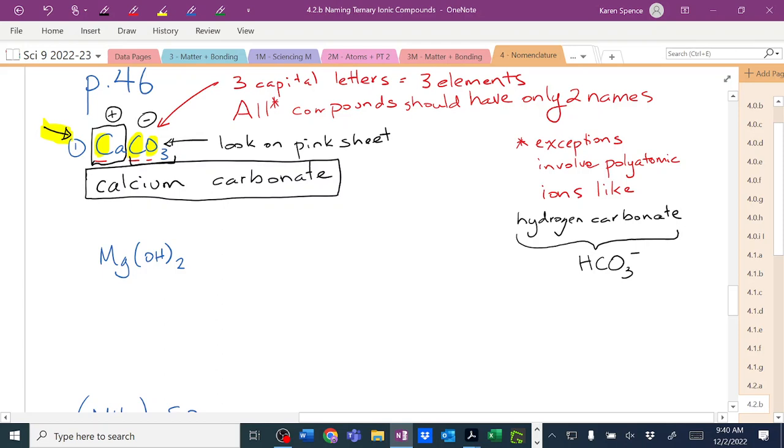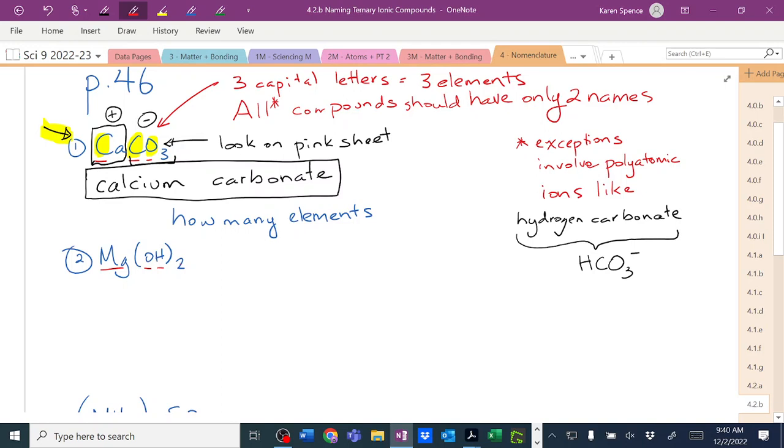Okay. So now we have example number 2. We have Mg(OH)2. How many elements? Tell your partner, how many elements do we have? We have 3, we have Mg, we have O, and we have H. How many names should we have? 2 names.